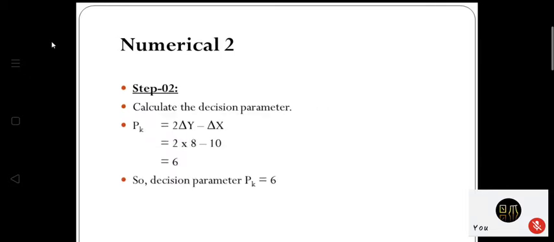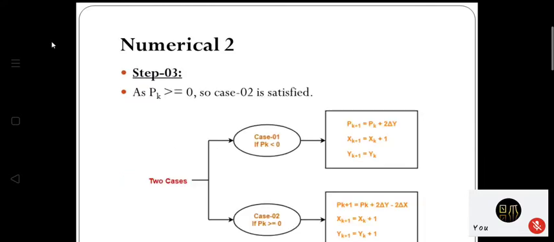Again, you compute the decision parameter, applying the formula 2 delta y minus delta x. Over here, the p of k value is 6, which is greater than 0, so you will perform case 2. Based on that, you apply the formulas.